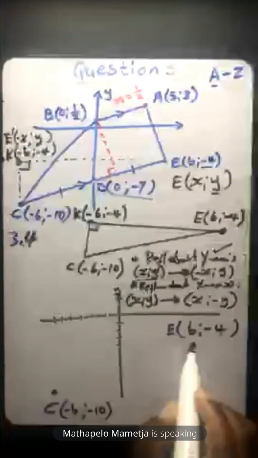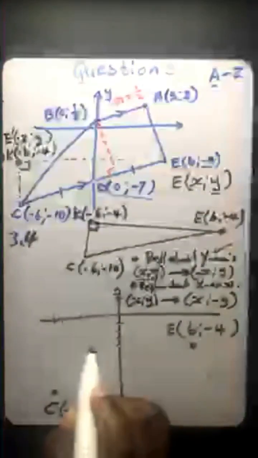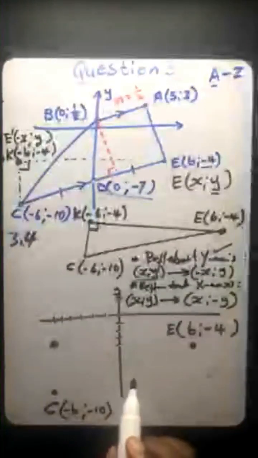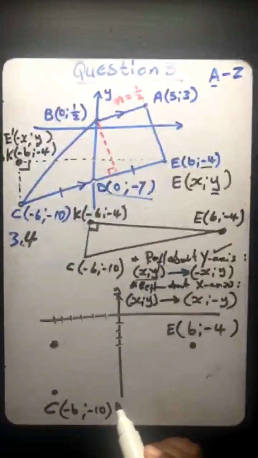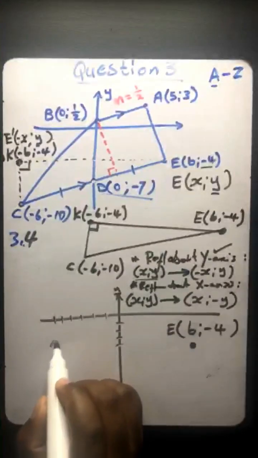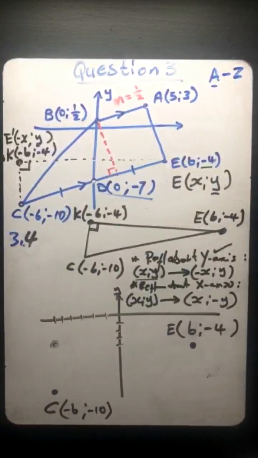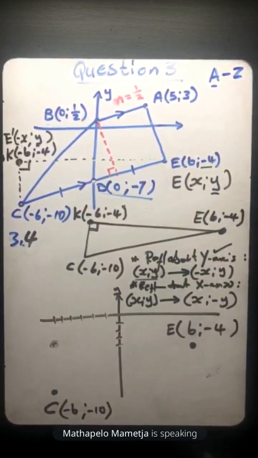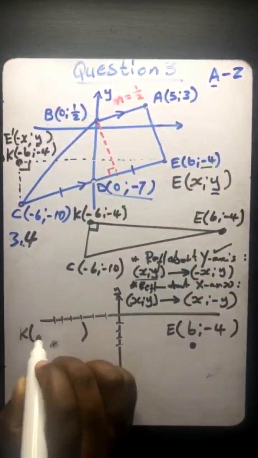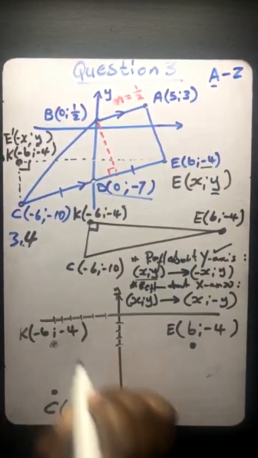So can you see it's actually still along that point, which is somewhere there, and this point is given a name. What is the name of this point, Matapelo, this new point? Yeah, so this point is called K, which is -6 and -4.